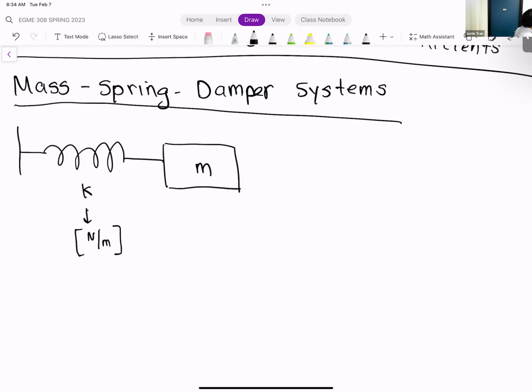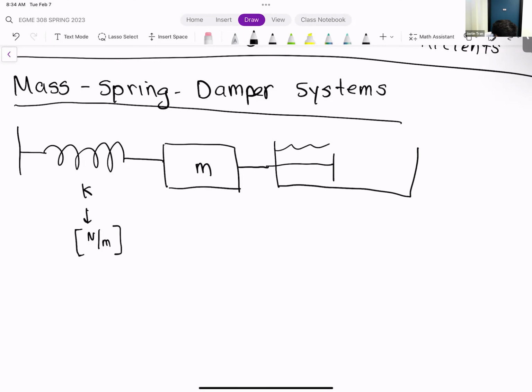So this mass can represent a lot of things, depending on the system you're looking at. But in the simplest case, I think of it as just a wooden block or a metal block. And that's visually kind of what it looks like. And then the last thing that we have is something that's hardest to visualize.